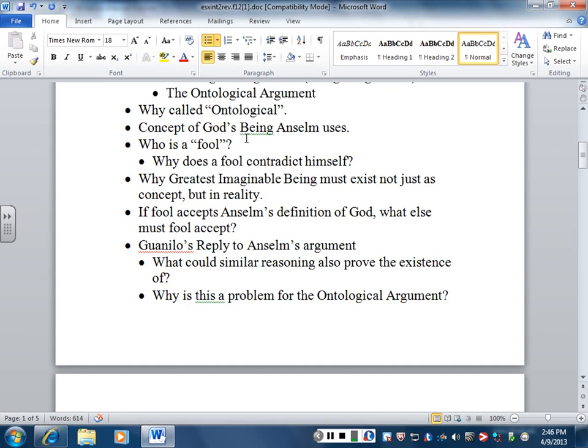But then Anselm says, wait a second, what are we working with here? Isn't it the concept of the greatest being imaginable, that than which none greater can be thought? Well, surely whatever satisfies that concept must exist not just as a concept in the mind, but in reality also, or it wouldn't qualify as the greatest being we can think of.